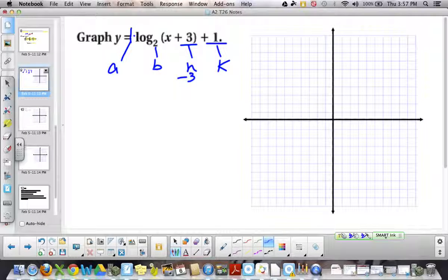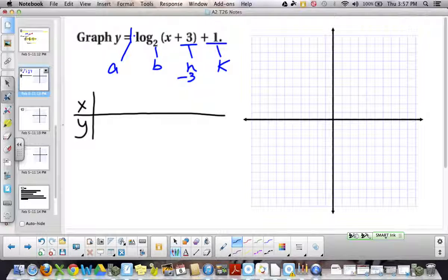Coming up with the values that we're going to plot for x and y. For x, we have a over b, so that's 1 over 2, and then plus h, so minus 3. Our second point is just a, which is 1, plus h, which is minus 3.